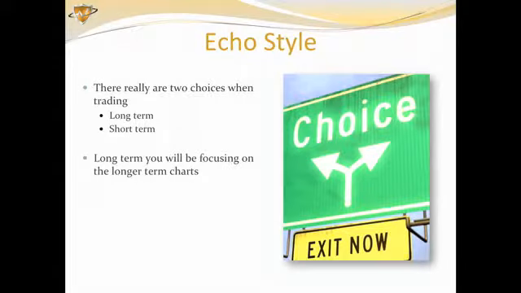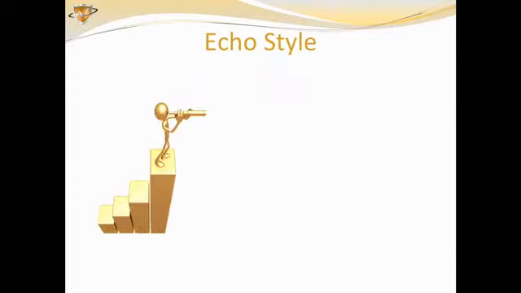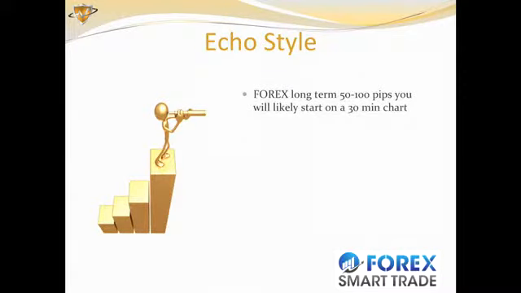Long term, you'll obviously be focusing on the longer term charts. Short term, you'll be focusing more in on the short term charts. Now in Forex, and this could be off again depending on how long term you want to go, the long term, generally speaking, would be between a target of 50 to 100 pips.